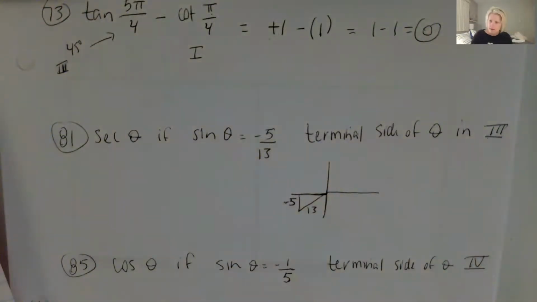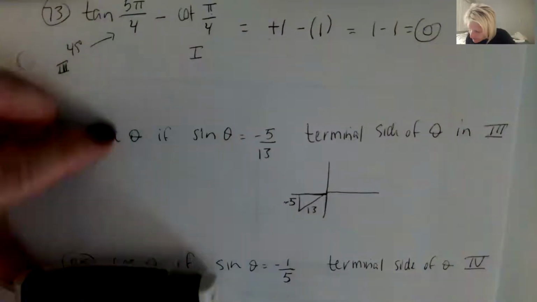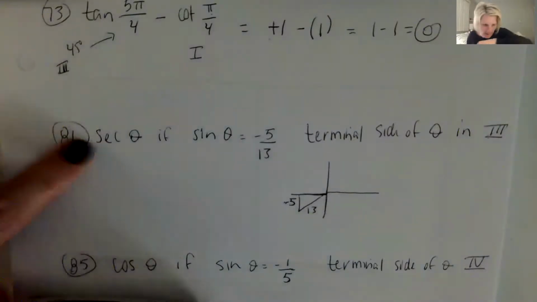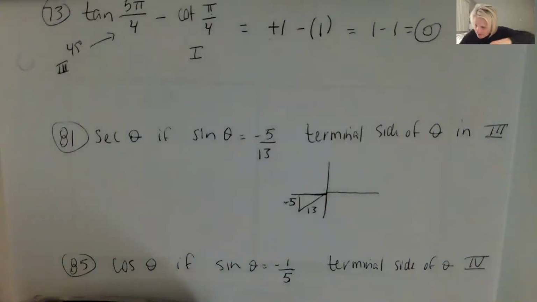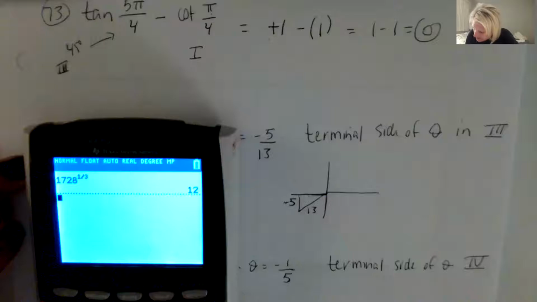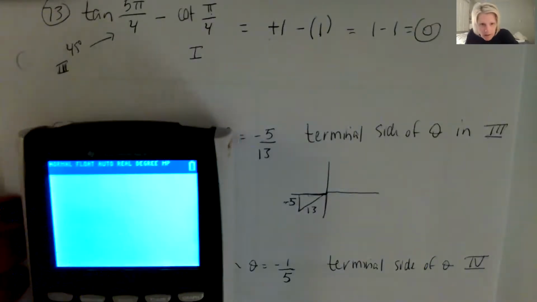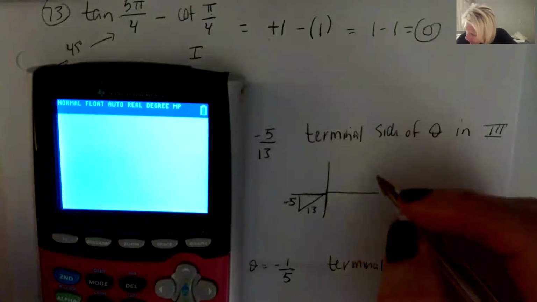And we need to find our other side because secant has to do with cosine. So we need to know what the adjacent side is for secant. So I believe it's a 5, 12, 13 triangle, but let's just show that.